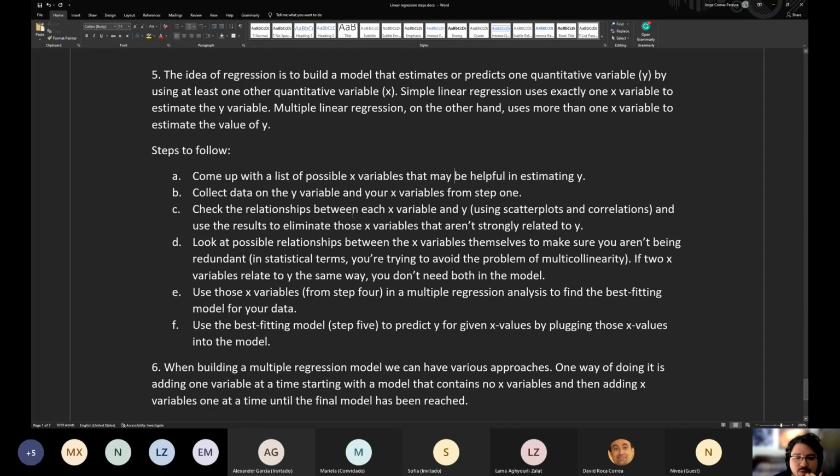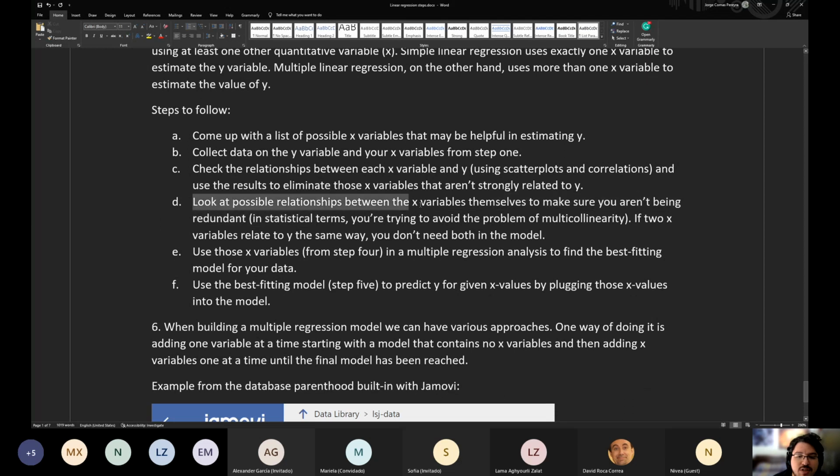Check the relationships between each other using scatter plots and correlations. Okay, correlations here stands for the correlation matrix, and use those results to eliminate those that aren't strongly related to the outcome variable. Okay.